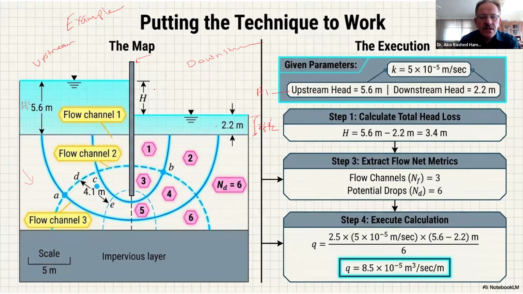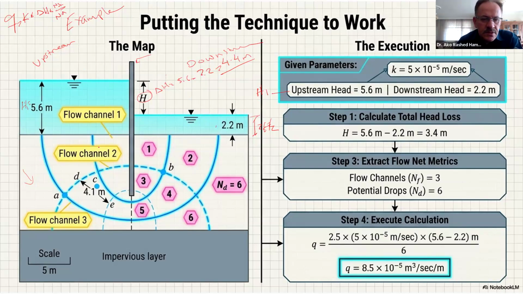So delta H, or sometimes it's called just H, is equal to 5.6 minus 2.2, which is equal to 4.4 meters. Is that clear? So I'm trying to apply this equation: Q is equal to K times delta H times NF over ND.